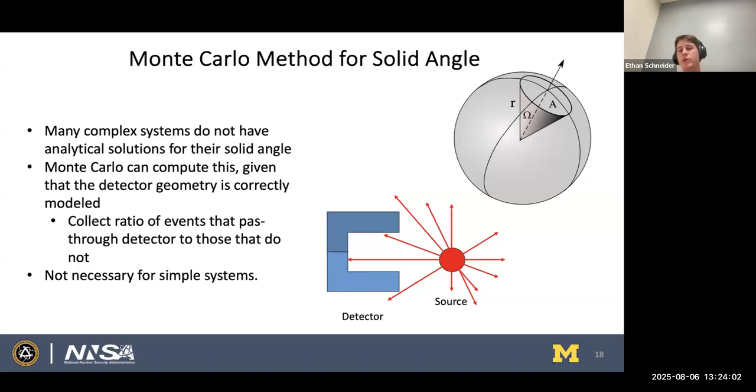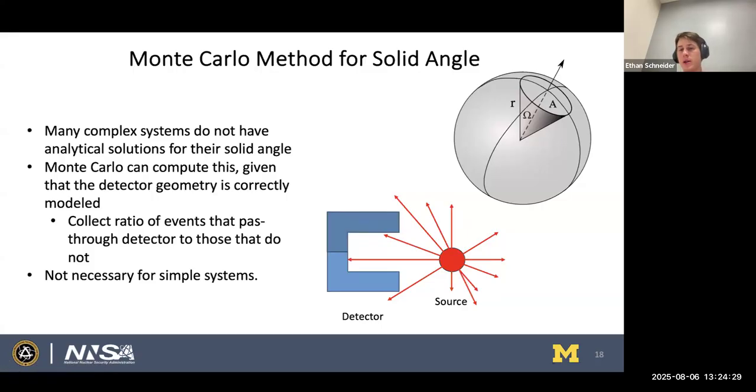We're able to build a geometry within this code and work off of that. It's a pretty simple system, so long as your source definition can produce your radiation in different directions. You have your detector, and all these codes will allow you to record the ratio of the ones that pass through your detector and the ones that do not. So this ratio will give you that solid angle.